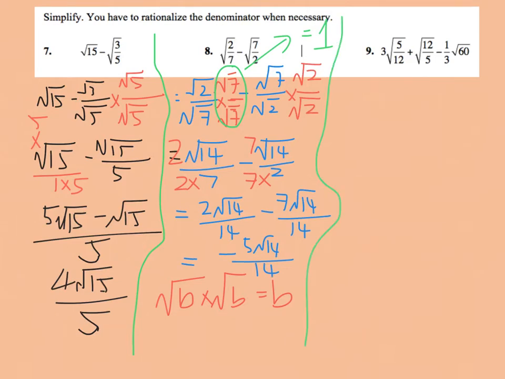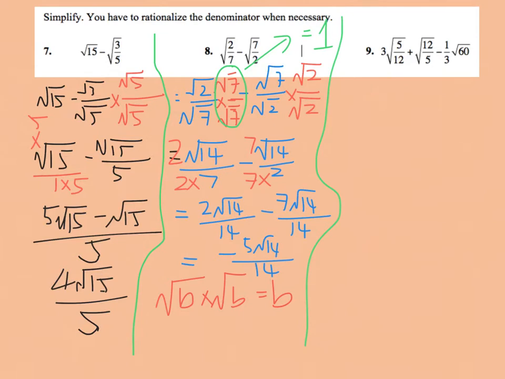In example 9, we have 3 times root 5 over 12 plus root 12 over 5 minus 1/3 root 60. So we have a lot of operations that we have to carry out here. We have to rationalize the denominator. We have to apply fraction properties or understanding to help us simplify this expression.